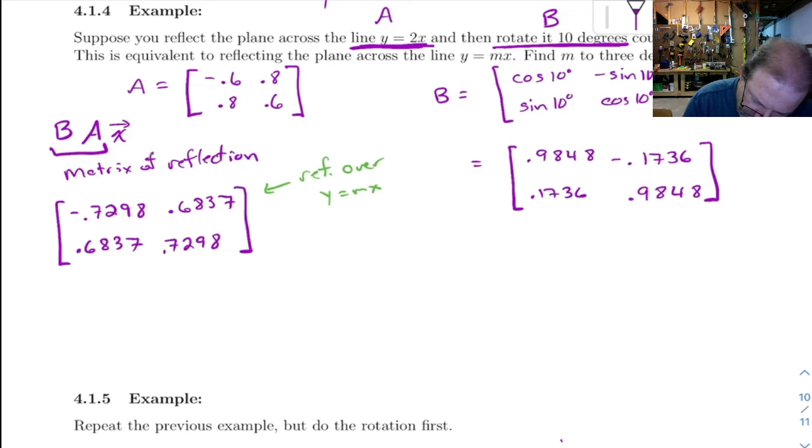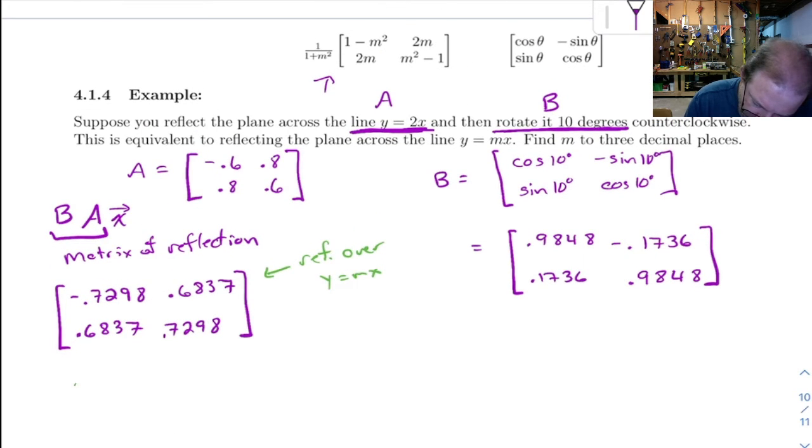So let's see. 2m over 1 plus m squared is equal to 0.6837.